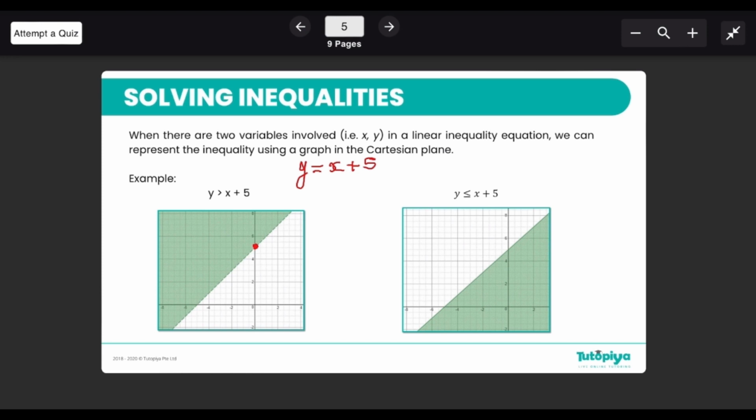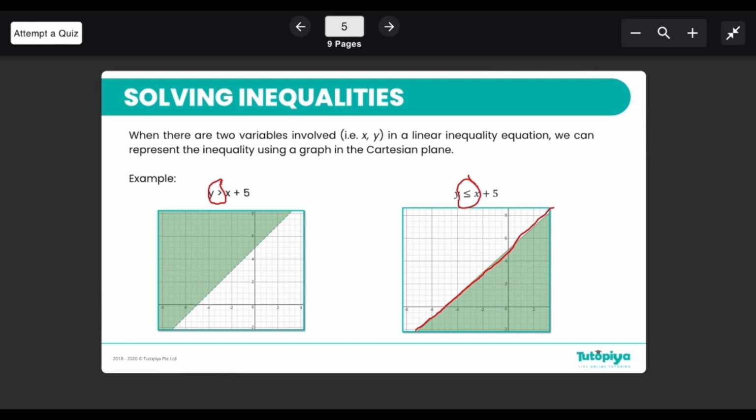But what you actually need to know is how to shade an expression with an inequality. Once you have the line in mind, the next thing you have to look at is the symbol. Is it including or not including? If it is including, then you have to use a solid line when you are shading regions.